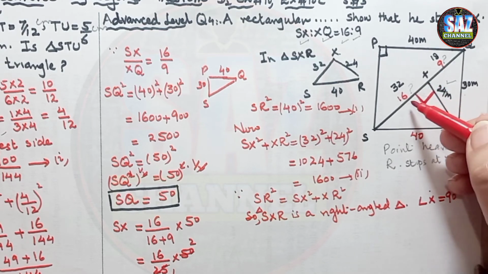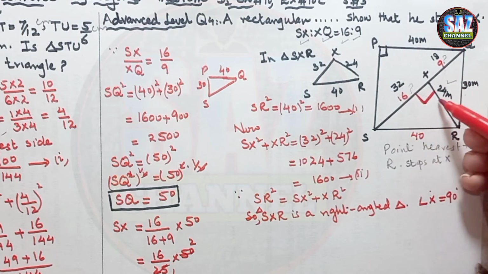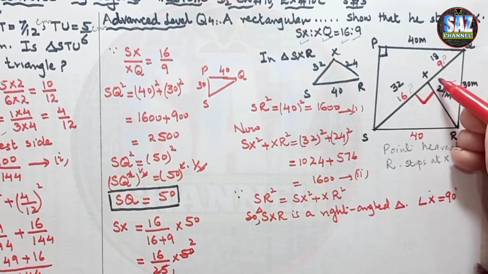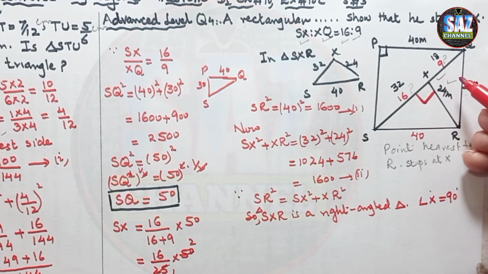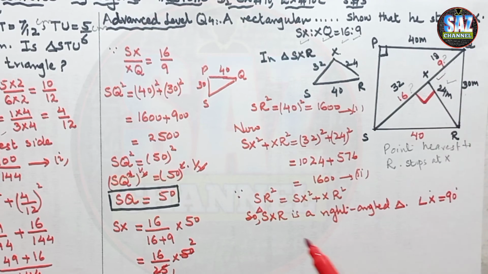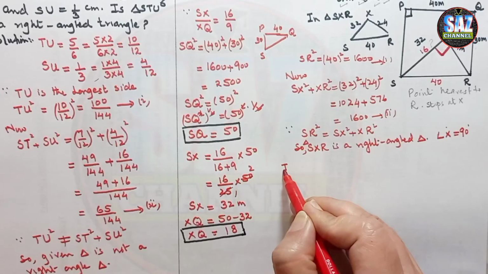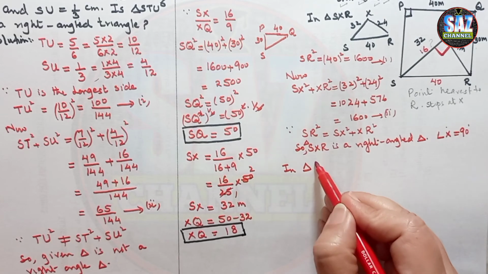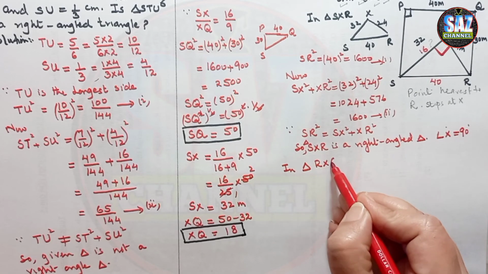And if we apply the concepts of basic geometry, we can see that this total angle is 180 degrees. If I'm taking away 90 degrees from that, the rest portion is also a 90 degree angle. But even we can check it through converse Pythagoras theorem by taking the triangle RXQ.